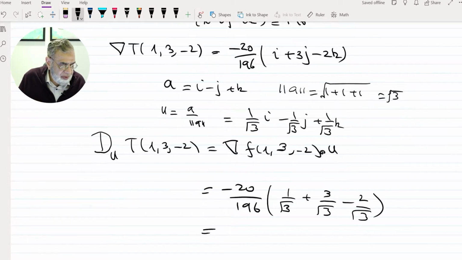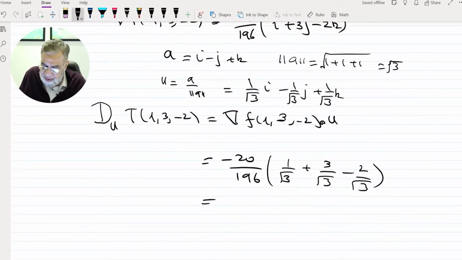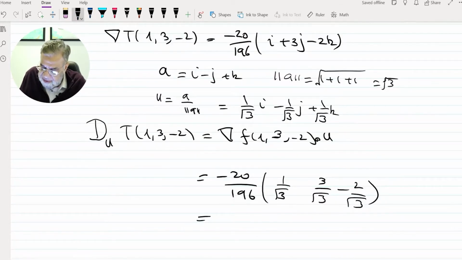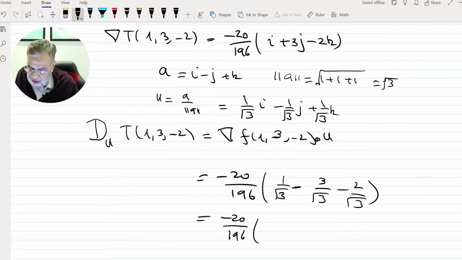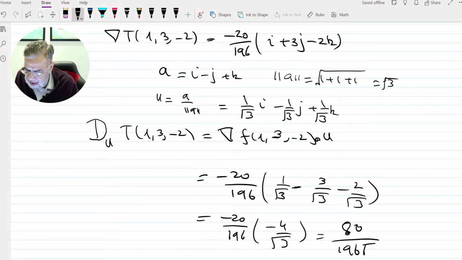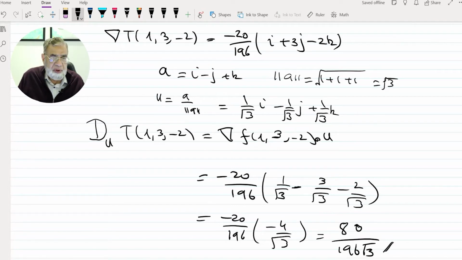After simplification, we get minus 20 over 196, and here 5 and 1 is 4, so we get minus 4 over root 3, and multiplying, we get 80 over 196 into root 3. So this is the result of the directional derivative at the point. This is my part 1 of the problem. We go to part 2.